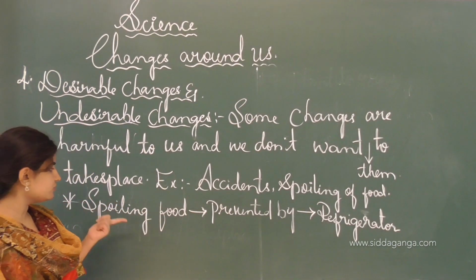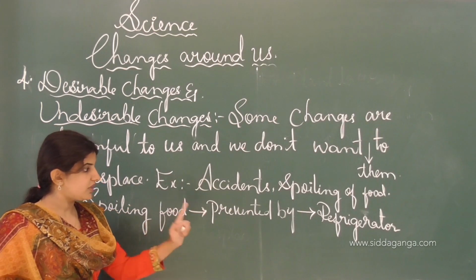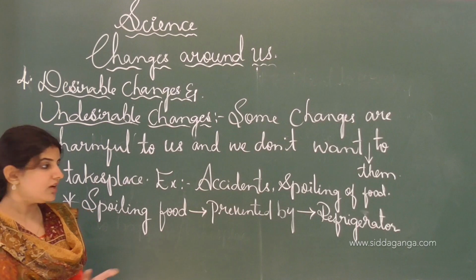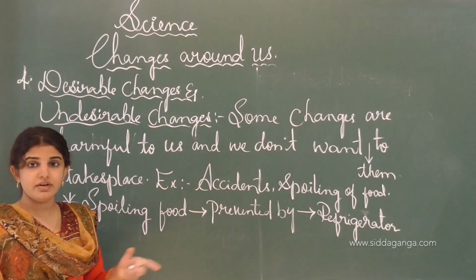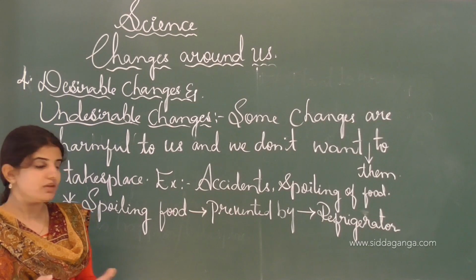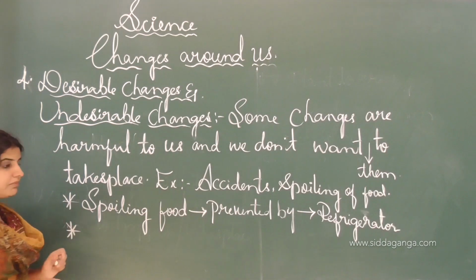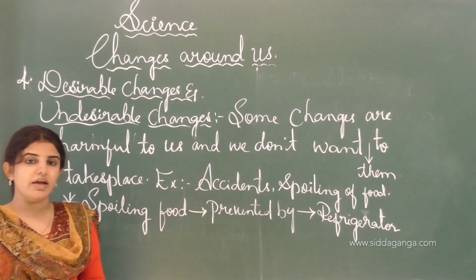Before the food spoils, we keep the food items in the refrigerator so that we can prevent the spoiling of the food, by preventing microorganisms from growing in the food items. And one more is there, we can prevent the rusting of the iron article.